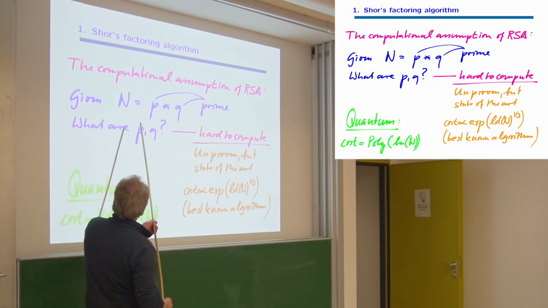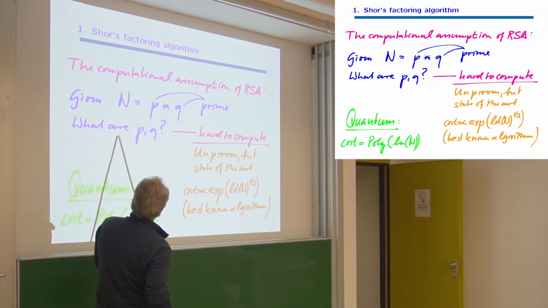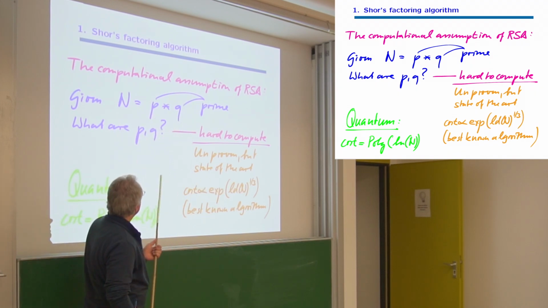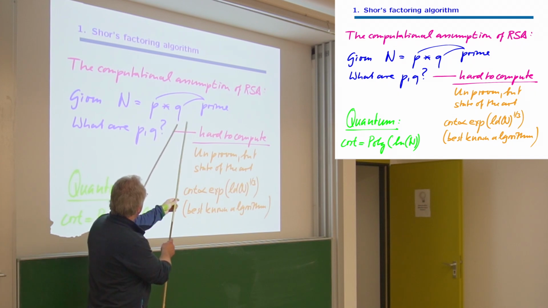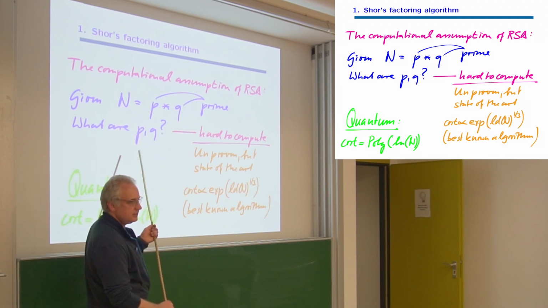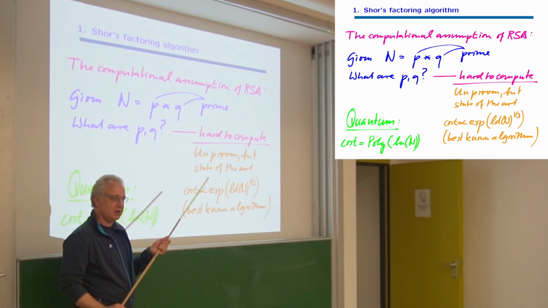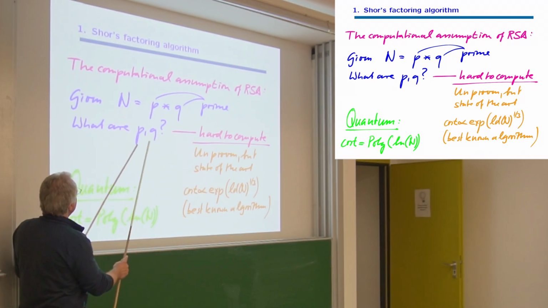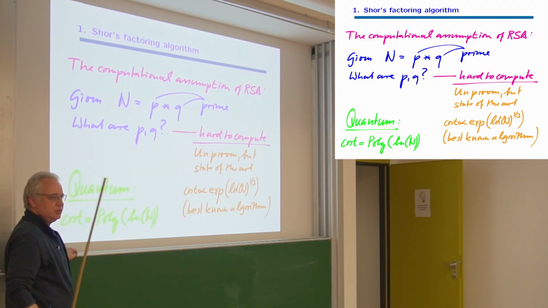This is all about a large integer number that is promised to be the product of two primes. If you have the primes, then it's easy to multiply them to get that number, but the inverse problem is believed to be hard. It's not known, but it's believed to be hard. If you have this number, getting the factors out is a hard computational problem.